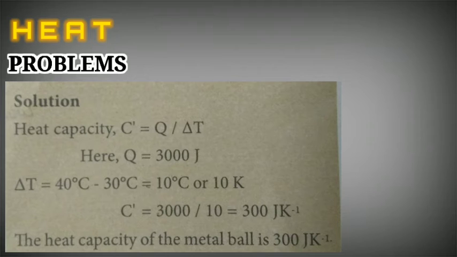We know the formula heat capacity C dash is equal to Q by delta T. Here Q is equal to 3000 joule is given and delta T is equal to 40 degrees C minus 30 degrees C is equal to 10 degrees C or 10 Kelvin. Substitute the values, then C dash is equal to 3000 by 10, that is equal to 300 joule per Kelvin. The heat capacity of the metal ball is 300 joule per Kelvin.